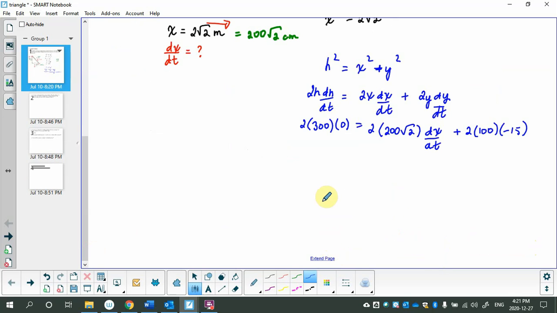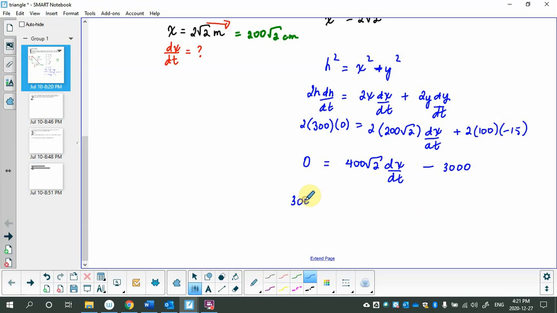So all that work on the left doesn't matter. This is 400 root 2 dx by dt minus 30 times 100, 3,000. Try to get the dx by dt by itself.